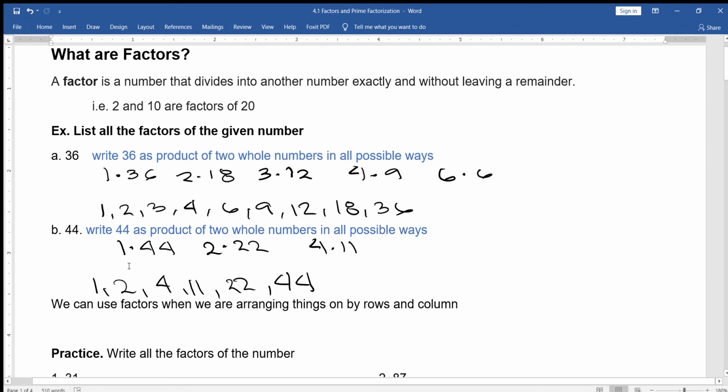So what we're basically doing is getting all the numbers that we just wrote and rearranging them from least to greatest.